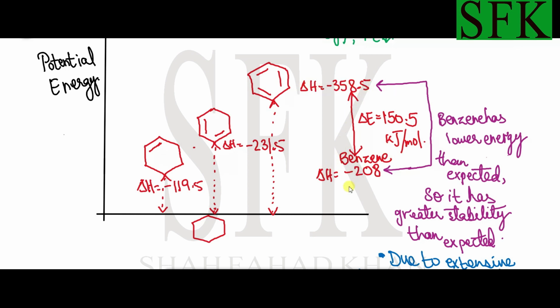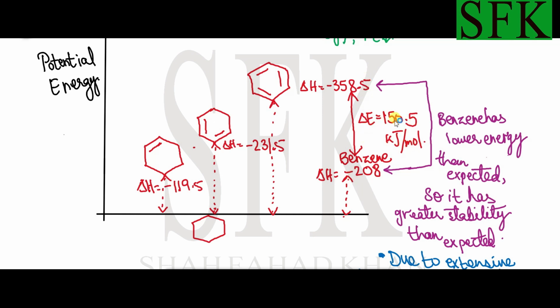But in reality, the enthalpy change when benzene gets converted into cyclohexane is much lower compared to minus 358.5. It's just minus 208 kilojoules, and the difference in the two energy levels is 150.5 kilojoules per mole.